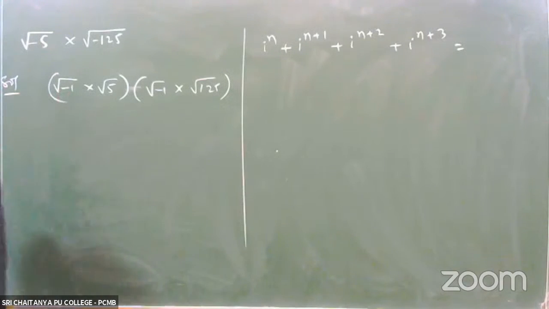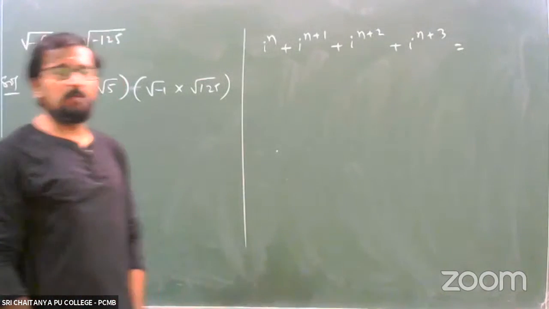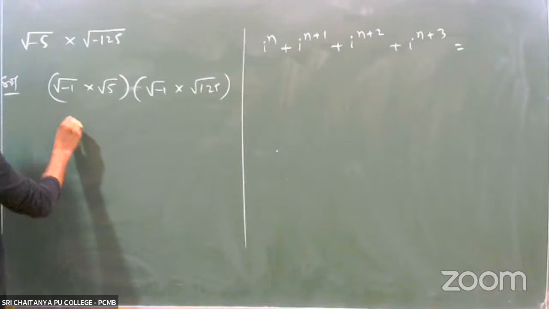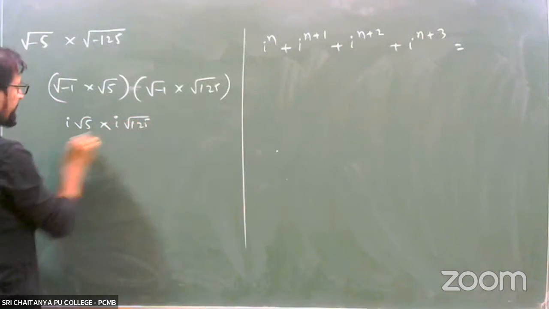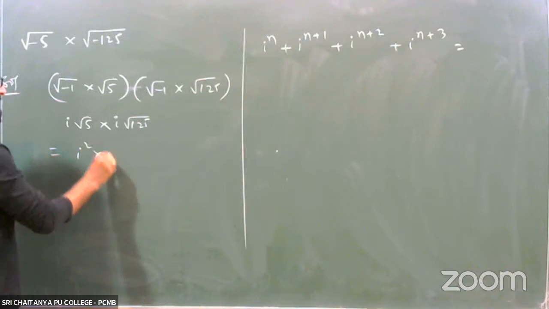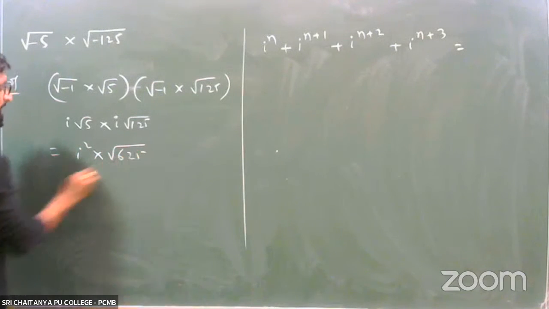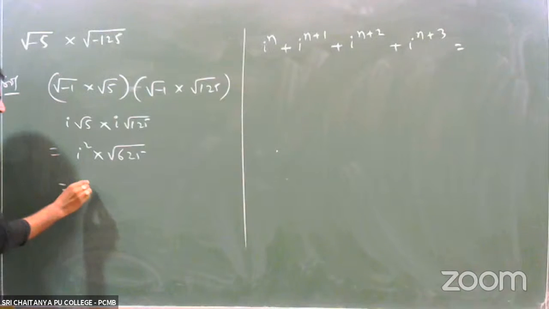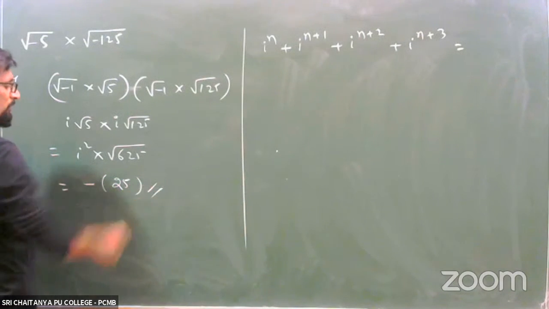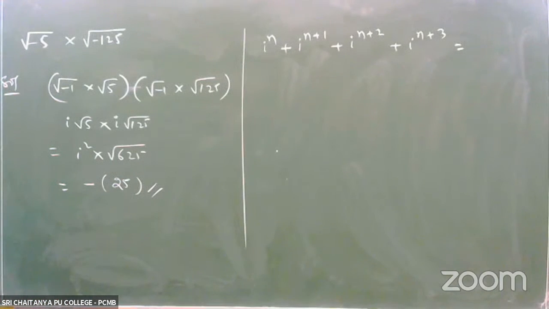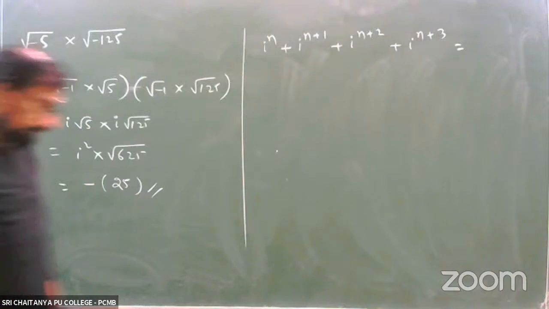Root of minus 1 is i, so i root 5 into i root 125 is i square into root of 625. I square value is minus 1, and root 625 is 25. So you are going to get minus 25 as the answer for this question. Copy this one.